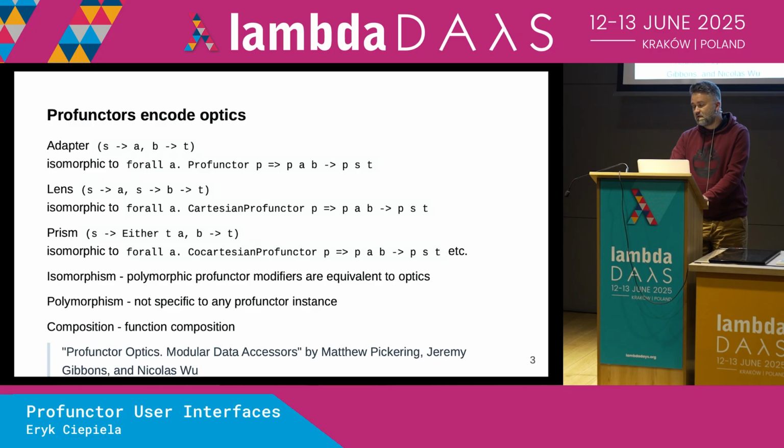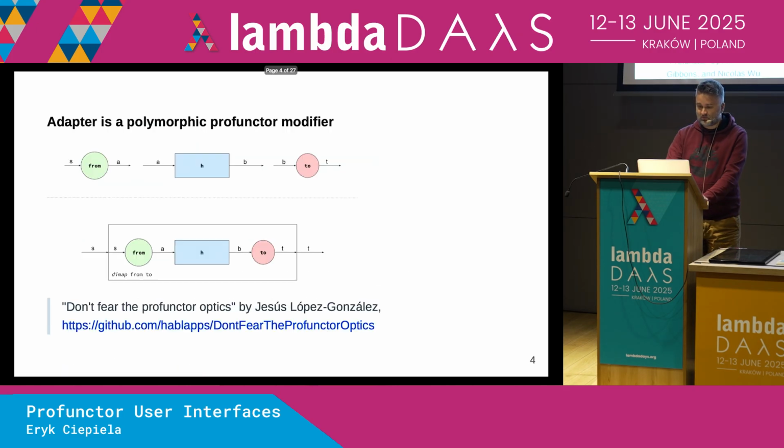What's good about this encoding is that it composes very well because it's basically a function, so we compose them as functions. An adapter is an example of a polymorphic Profunctor modifier.